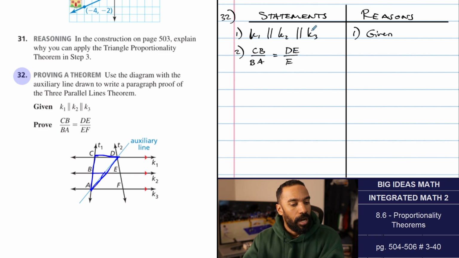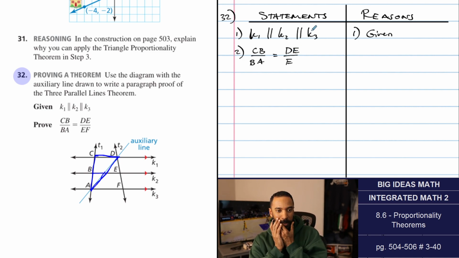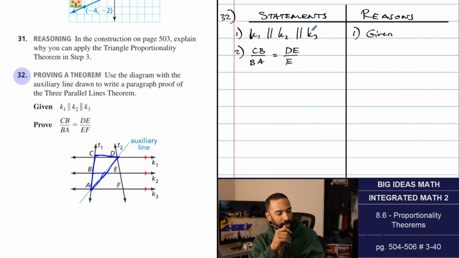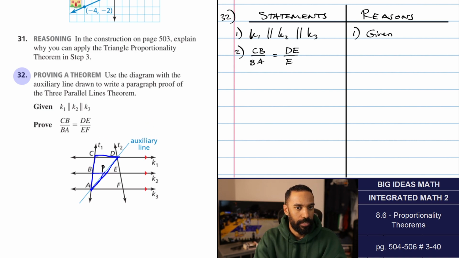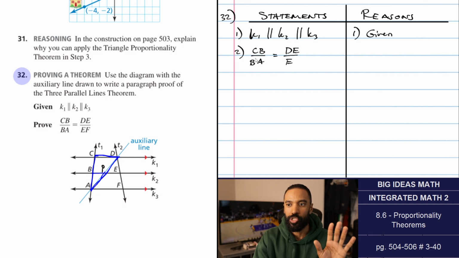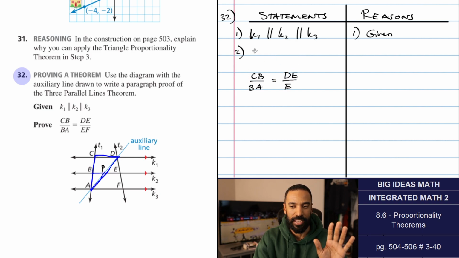wait, where's E? Oh, E is not that point. Oh, we don't have a point determined on the line. Am I not allowed to just say that there's a point that's right here on the line? Can I call this a point P? Ooh, I was thinking that was E before. I don't know if I'm allowed to. Let me just call that point P. So then I have to put something in between that says something like that, right?